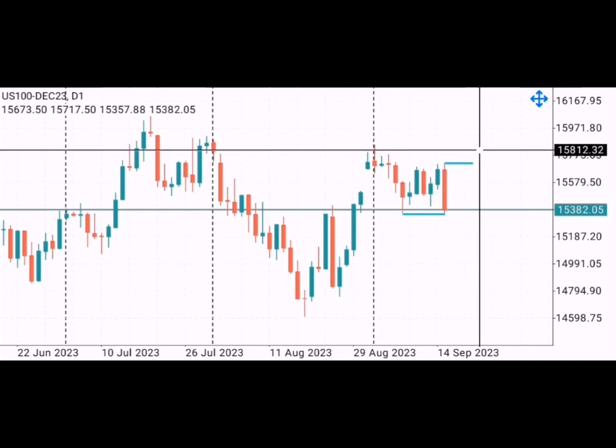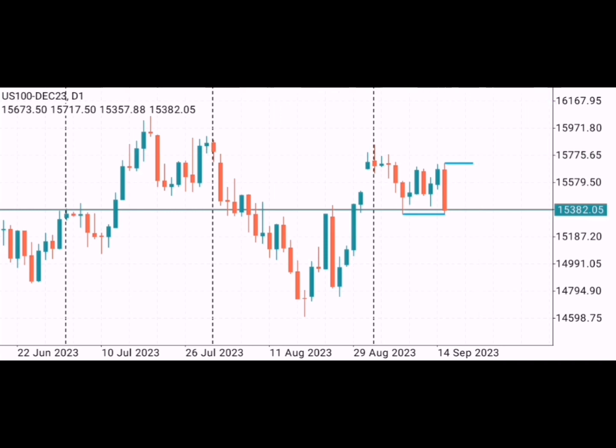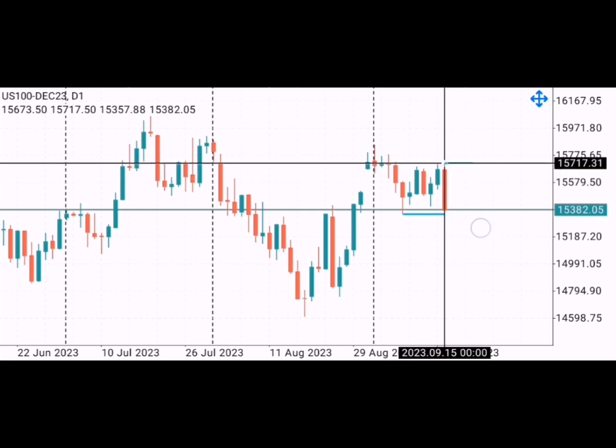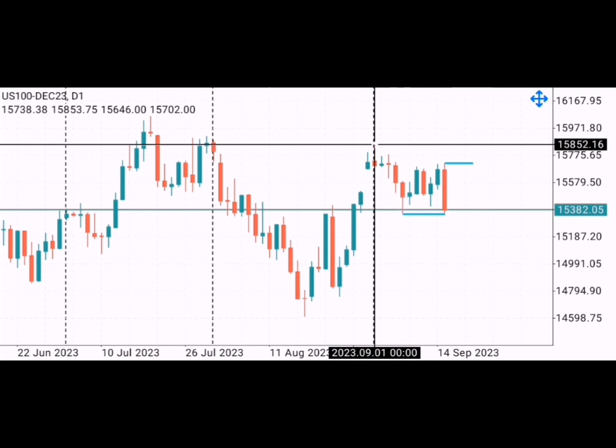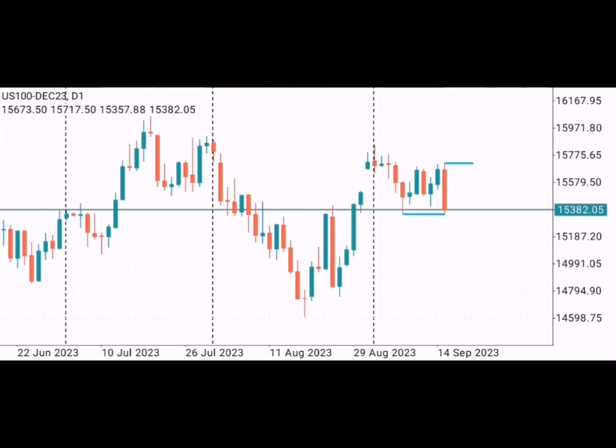So we are looking to see characteristics aligning themselves on smaller time frames, with either side being a continuation to the downside or a rejection right here by the wicks and an initiation of momentum to the upside, seeking higher prices to take out this level over here and ultimately these highs here.